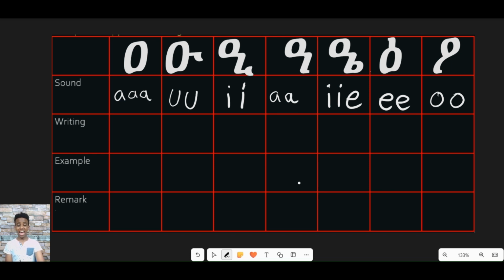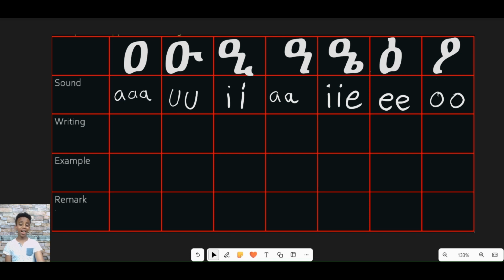Our first letter, A. Our second letter, U. Our third letter, E. Our fourth letter, A. Our fifth letter, E. Our sixth letter, E. And our last letter, O.